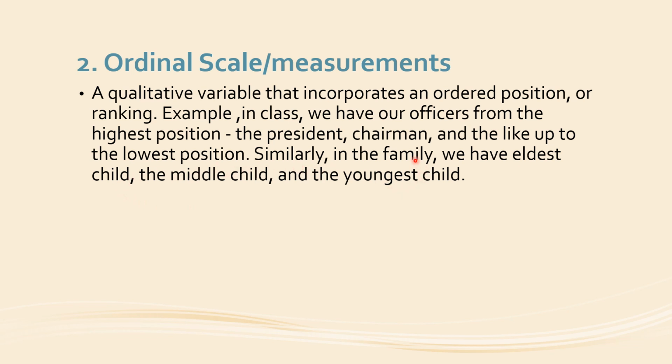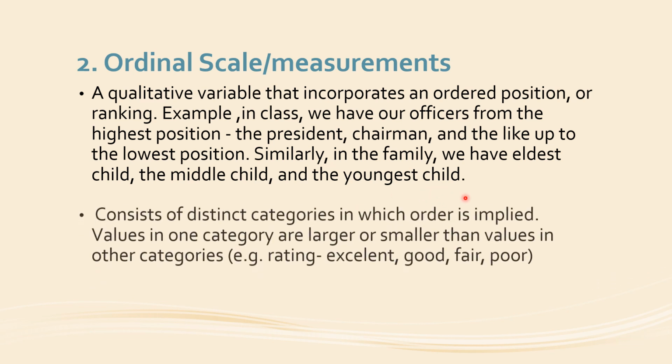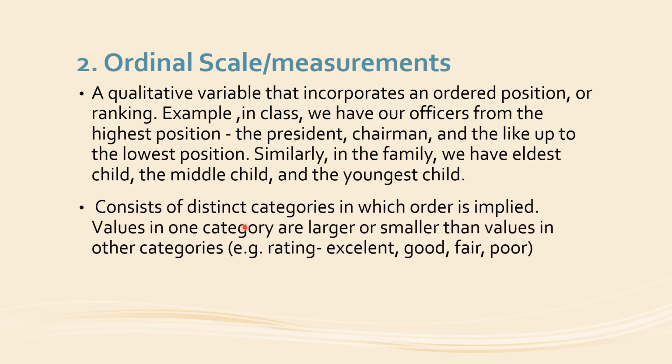Similarly, in the family, we have the eldest child, yung panganay, the middle child, yung gitna, and the youngest child, yung pinakabunso. It consists of distinct categories in which order is implied. So values in one category are larger or smaller than the values in other categories. For example, pag nagbigay ng rating ang teacher, meron siyang excellent, good, fair, and poor.